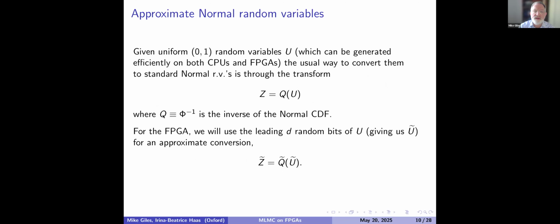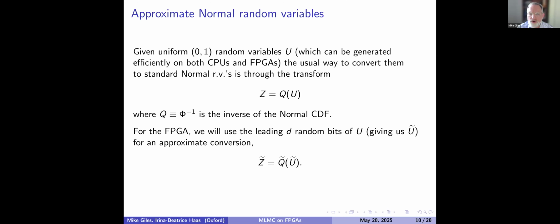So let's start with the approximate random variables. We're going to be generating uniform random variables, and that can be done very efficiently, so that's not a concern in terms of overall cost. Then we're going to have a transform to convert them into normal random numbers.